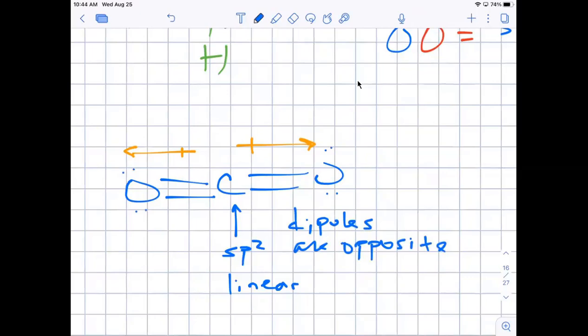Cancel. It cancels out. They're going opposite directions, so they're going to cancel each other out. Sorry, can't spell. So for that molecule, there's no dipole.